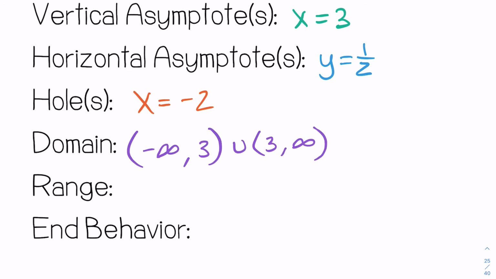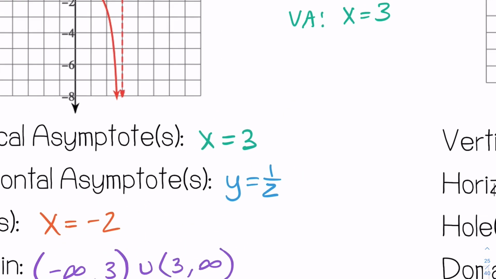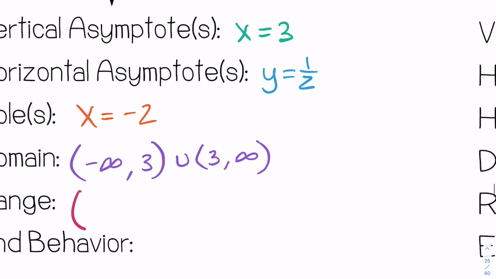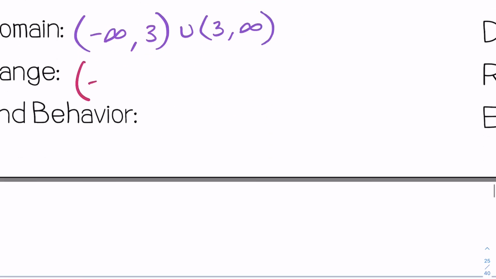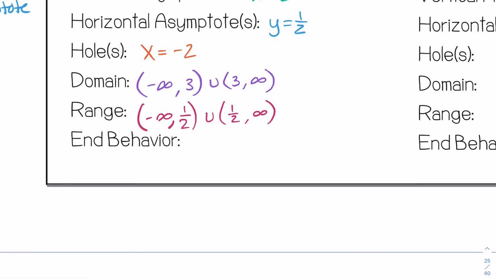So what's the range? Well, oh, did I use that color anywhere? No, okay. The range is negative infinity all the way up to 1/2, and 1/2 to infinity. There we go.